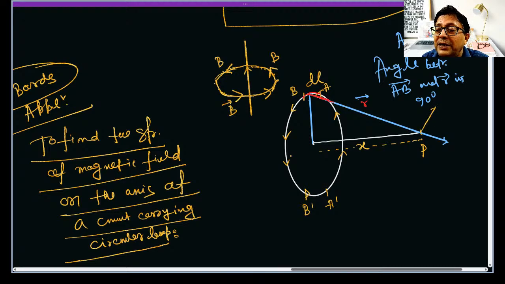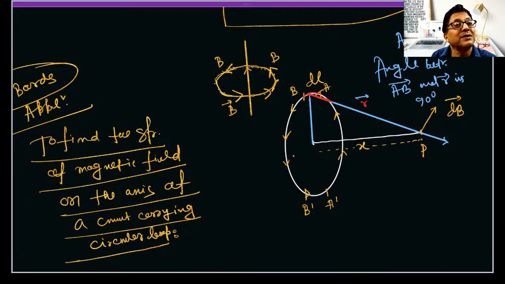So the magnetic field will be directed this way. The dB vector will be directed this way, perpendicular to the R vector. If we curl the fingers of the right hand from the dl vector to the R vector, it is going like this.